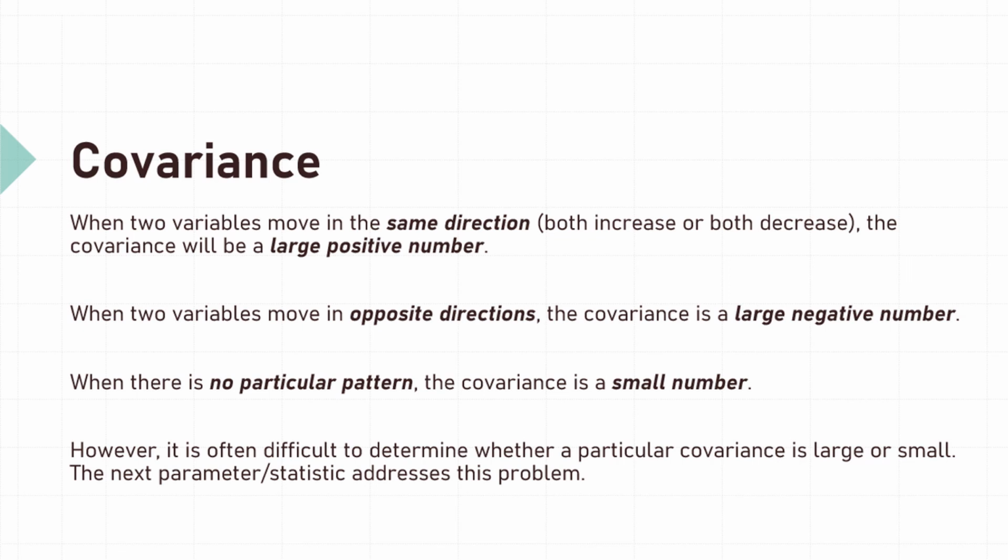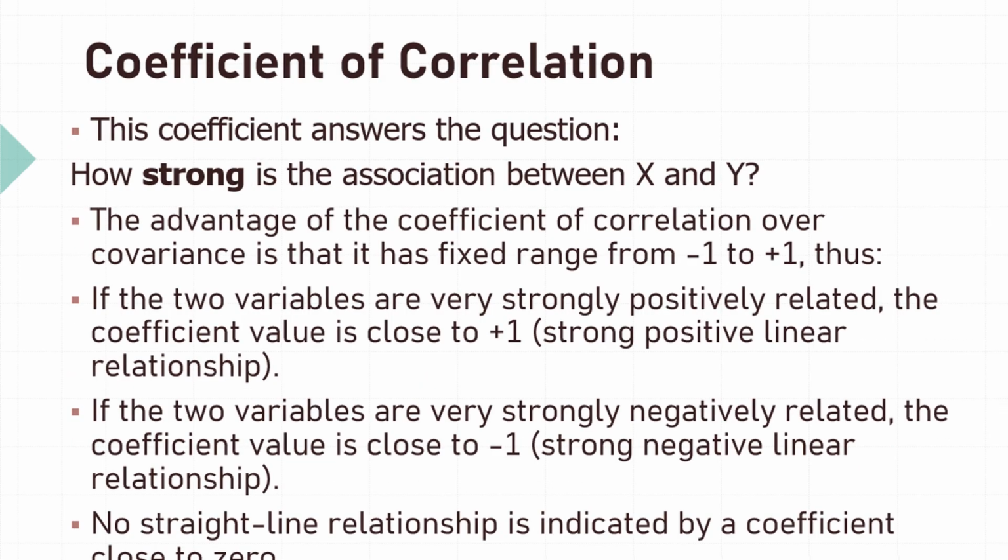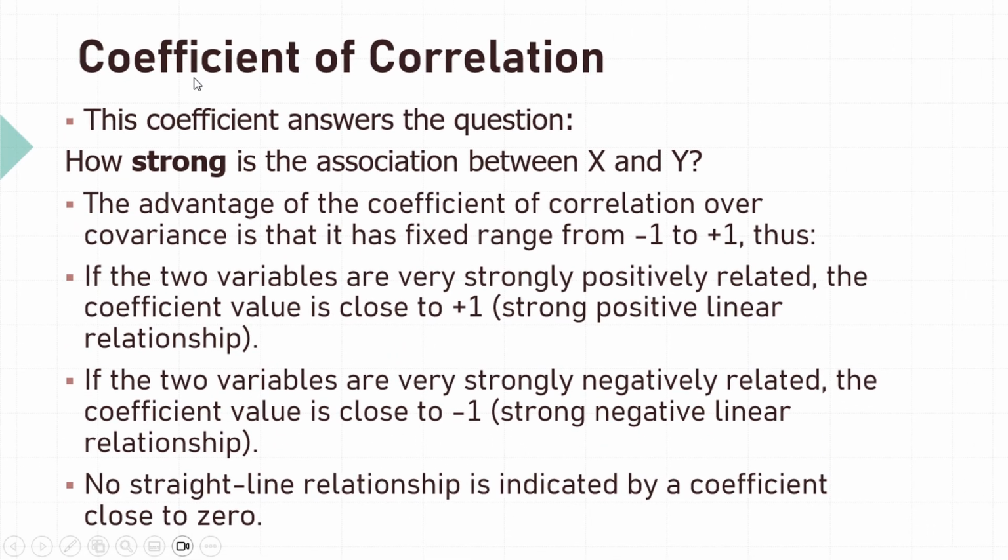So the next statistic addresses this problem, and this is the coefficient of correlation. This coefficient answers the question, how strong is the association between x and y, between the independent and dependent variables. The advantage of the coefficient of correlation over covariance is that it has a fixed range from -1 to +1.